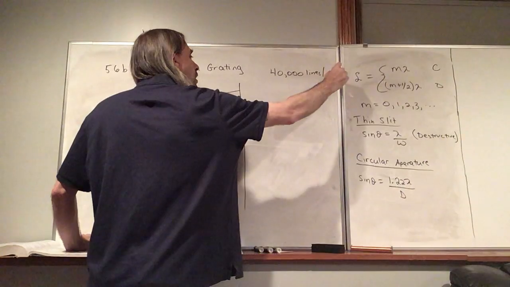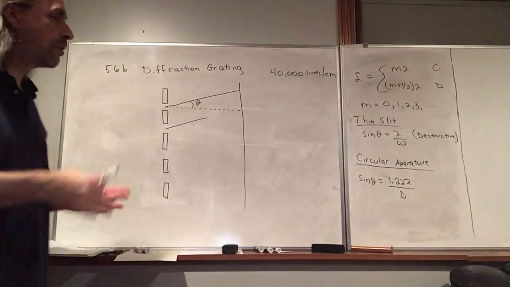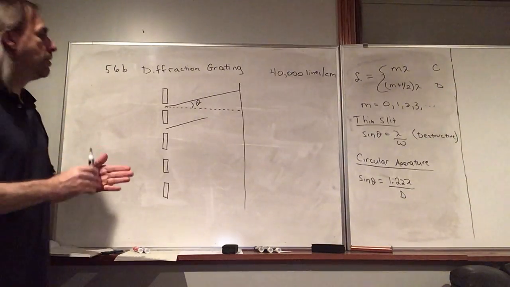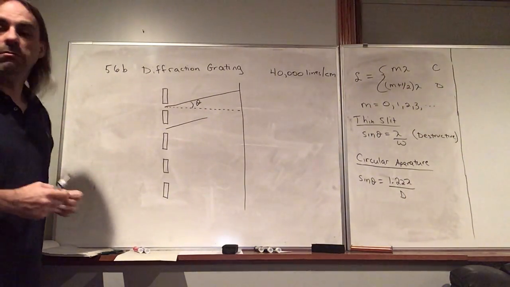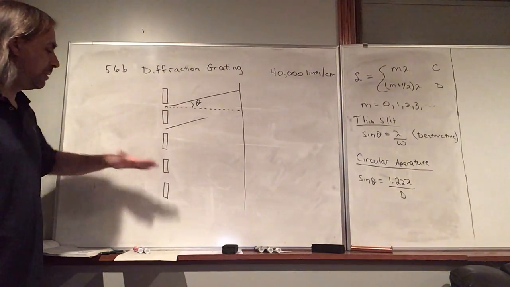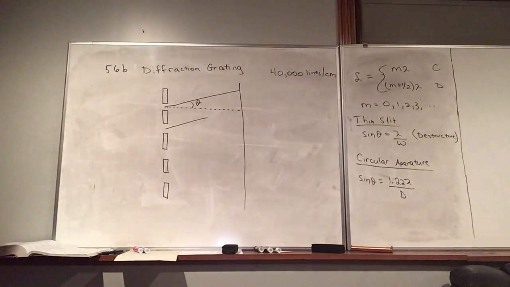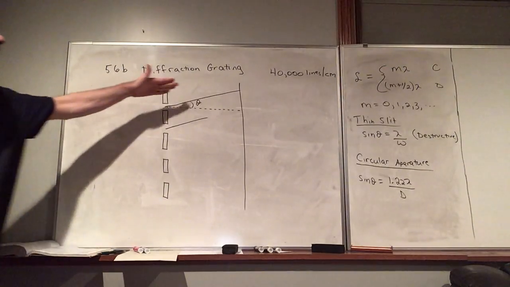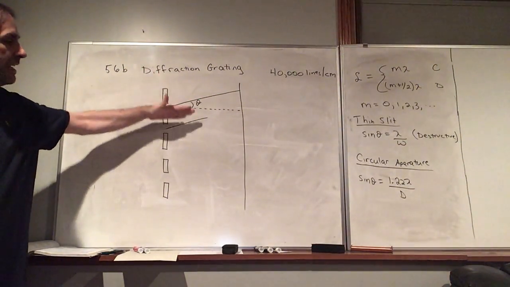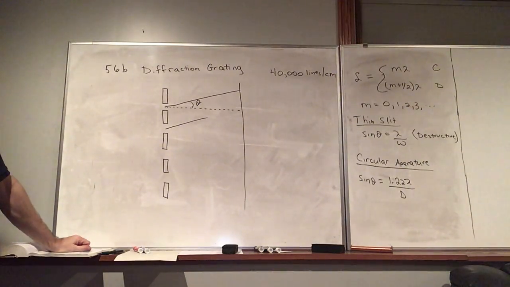Usually it would be a couple hundred per centimeter, but they can make diffraction gratings with 40,000 slits in 1 centimeter. So again, this is not to scale.